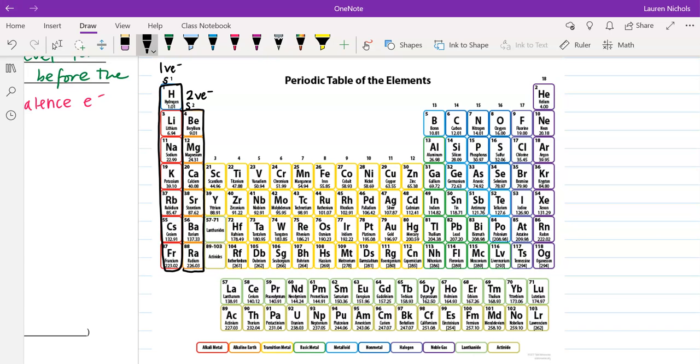And we kind of skip over the D sublevels because depending on the element, they can change as to whether or not these are the valence electrons or these are the valence electrons. Remember, electrons are like teenagers. They don't always like to follow the rules.